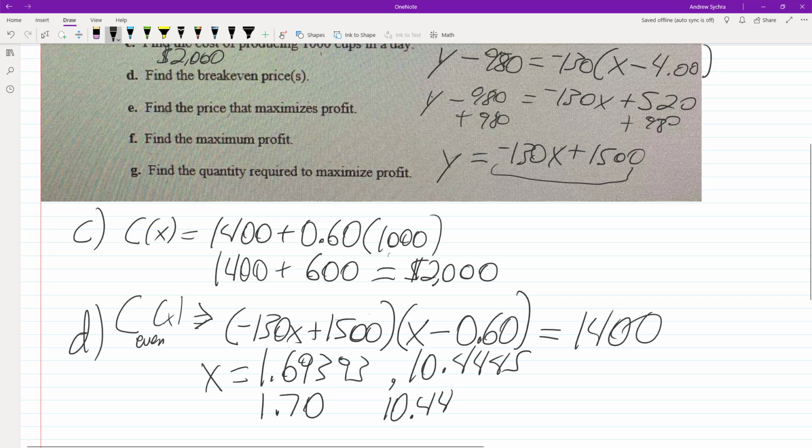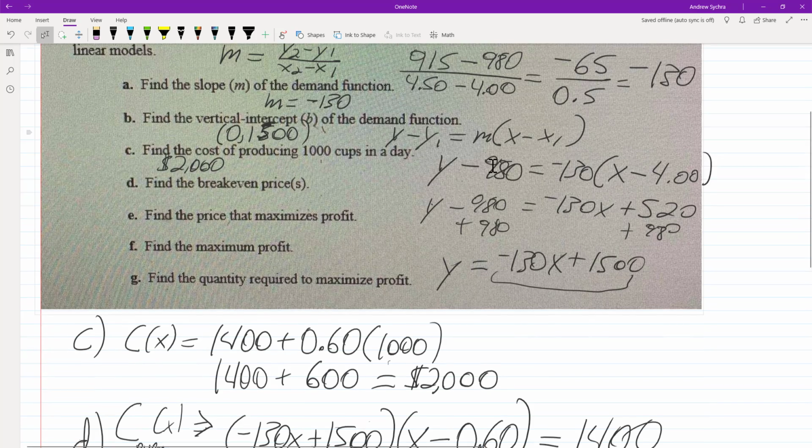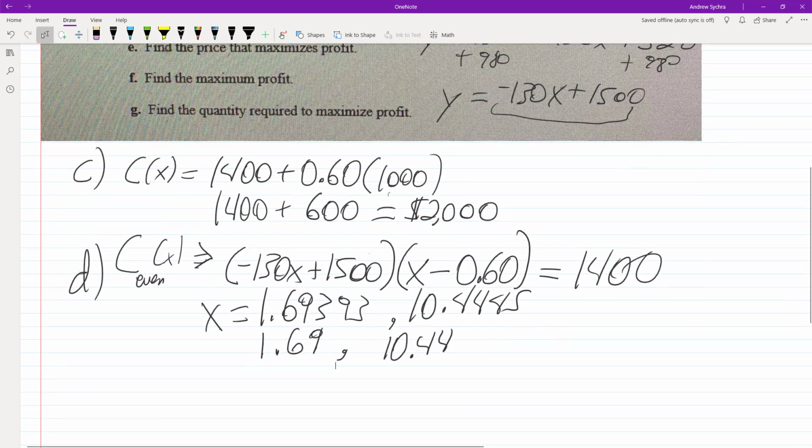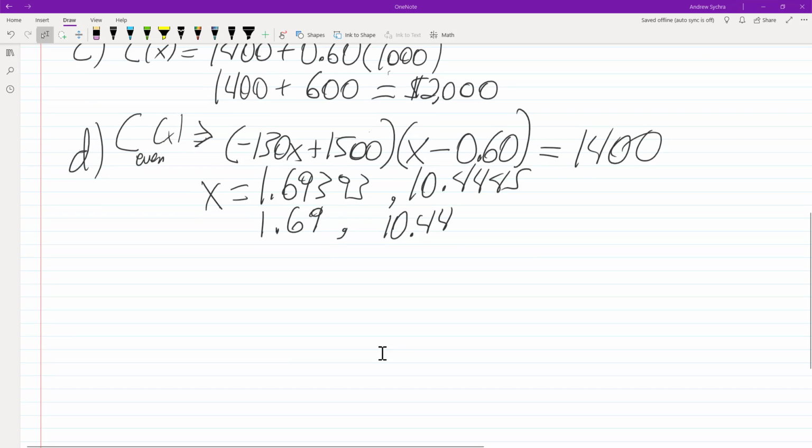We'll round these. Okay, so these are our break-even points. If you plug this in, you'll get just the right amount of coffee to sell in order to break even.